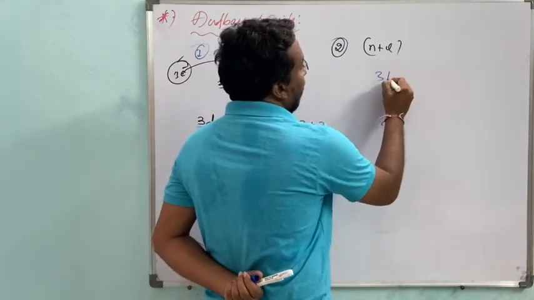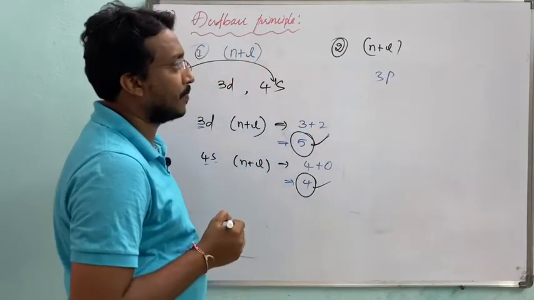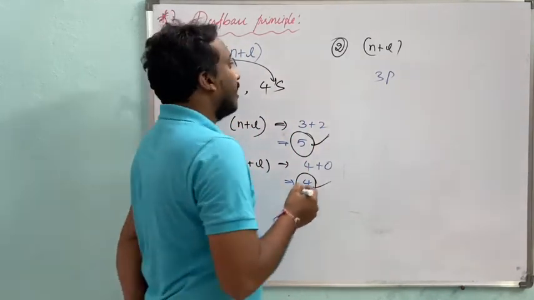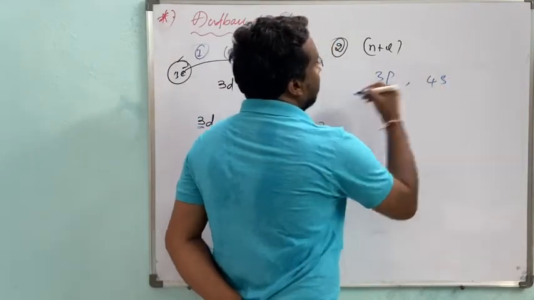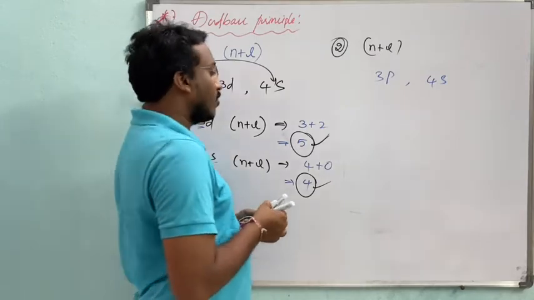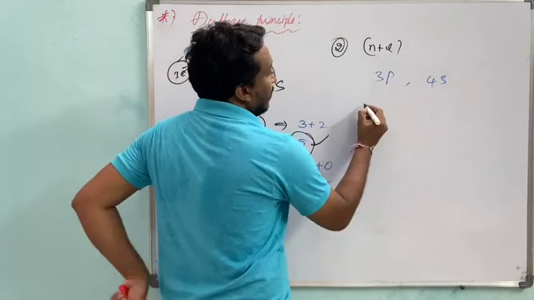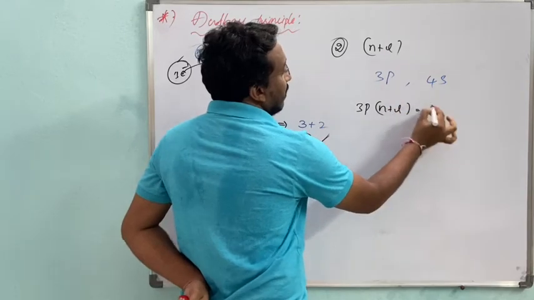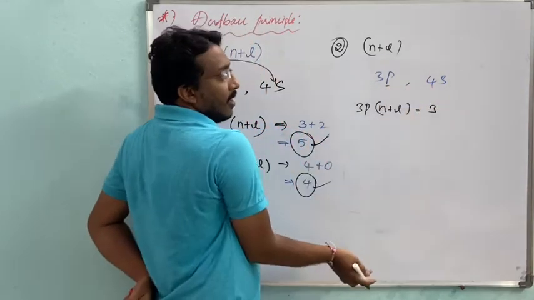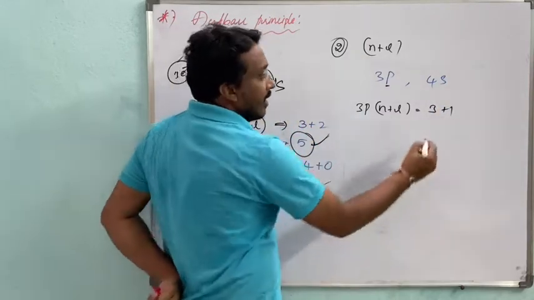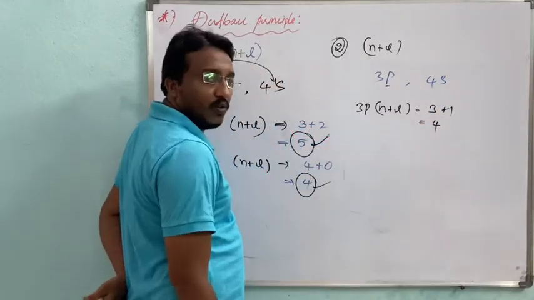Take the example of 3p and 4s. Now I am going to find the n plus L value of 3p. For 3p, n is 3, the p orbital's L value is 1, so 3 plus 1 equals 4.